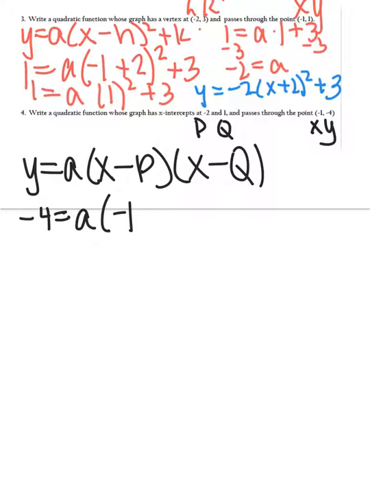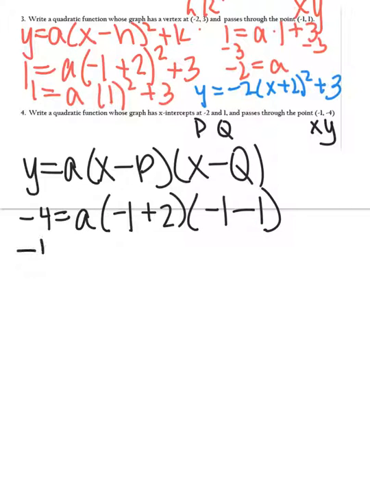P is negative 2, so I'm going to put plus 2 because again, I've got this minus p, so I've got to put the opposite sign there. Minus a negative 2 would become plus 2. And then my other x is still negative 1. And my q is a positive 1, so that's going to be minus 1. And again, that's the trickiest spot. That's a positive 1, so minus 1 stays minus 1.